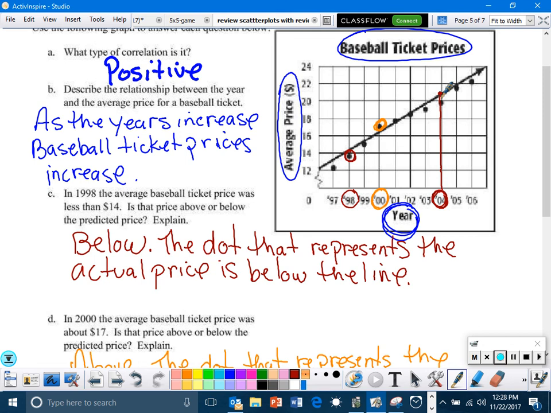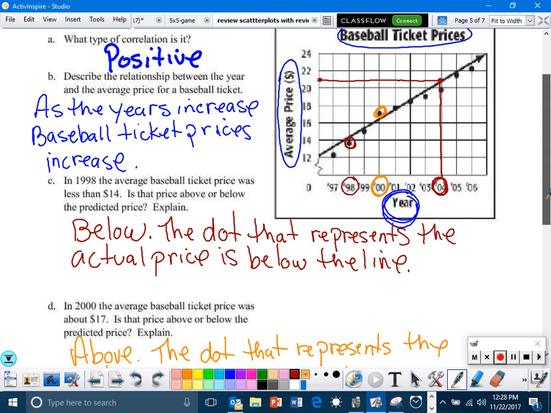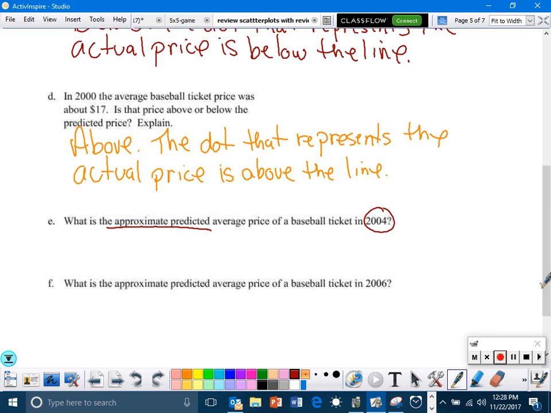Not the actual, but the predicted. So I go to the line, and now I'm going to go across right about here. It looks like it's between $20 and $22, so I'm just going to say about $21.